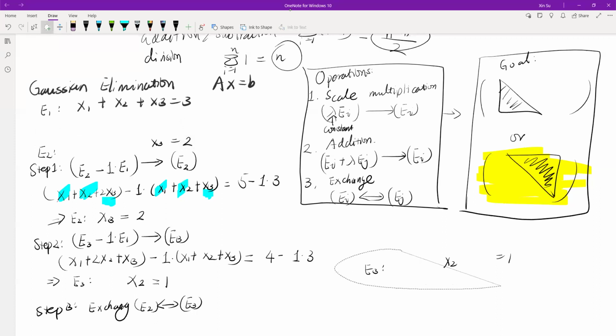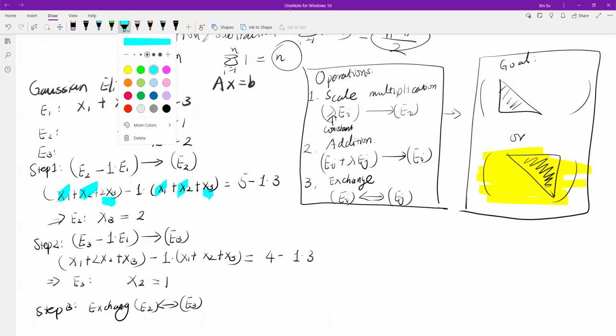Okay, this is to the bottom, and then this is going to 1 place up. Okay, that looks nice. And then this would become our new equation 2, and then new equation 3. That's what we have here. It looks very nice. This is what we want to get at the end of the day.